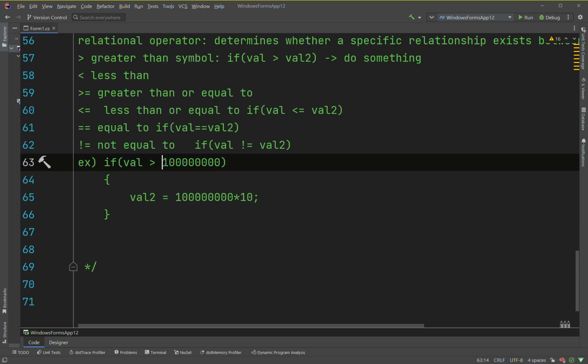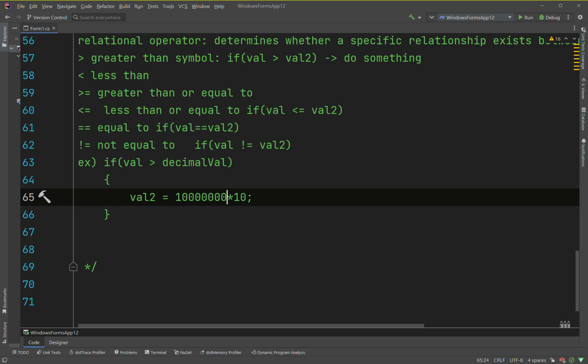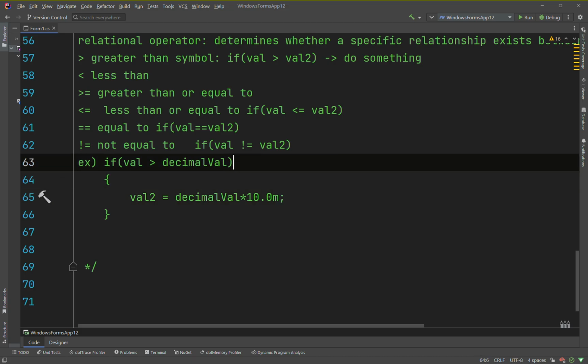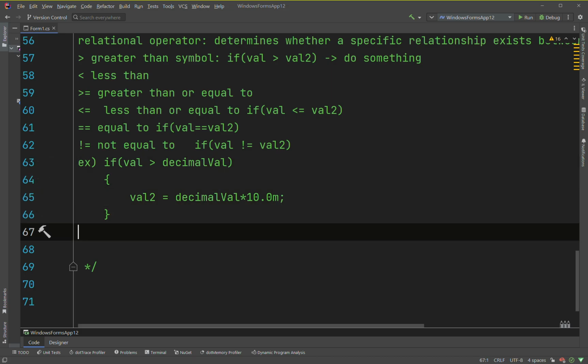Or you can just assume that number is decimal val. And then here, if val is greater than decimal val, then we want to set decimal val times 10. Probably might give you an error. Something like that. That's pretty much it.